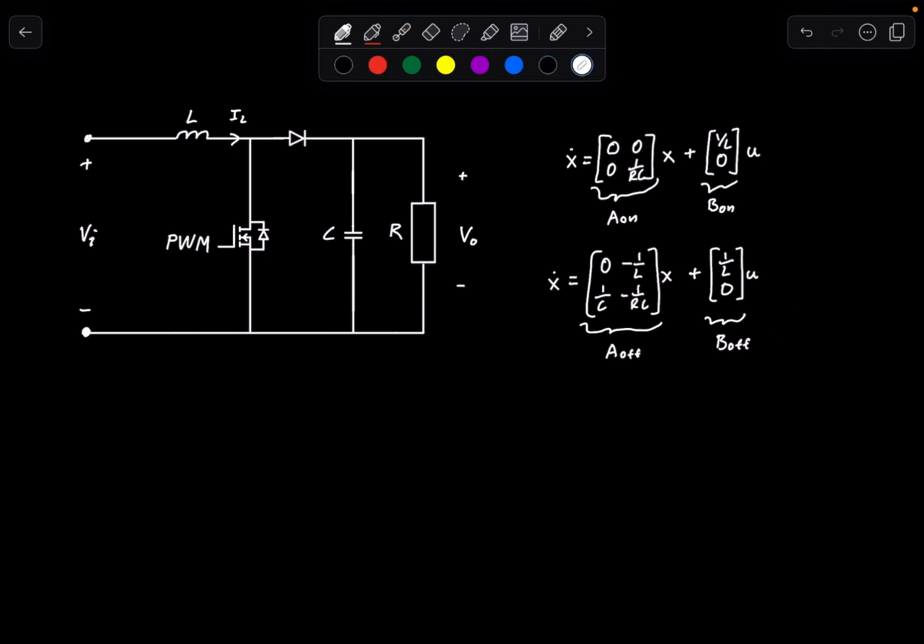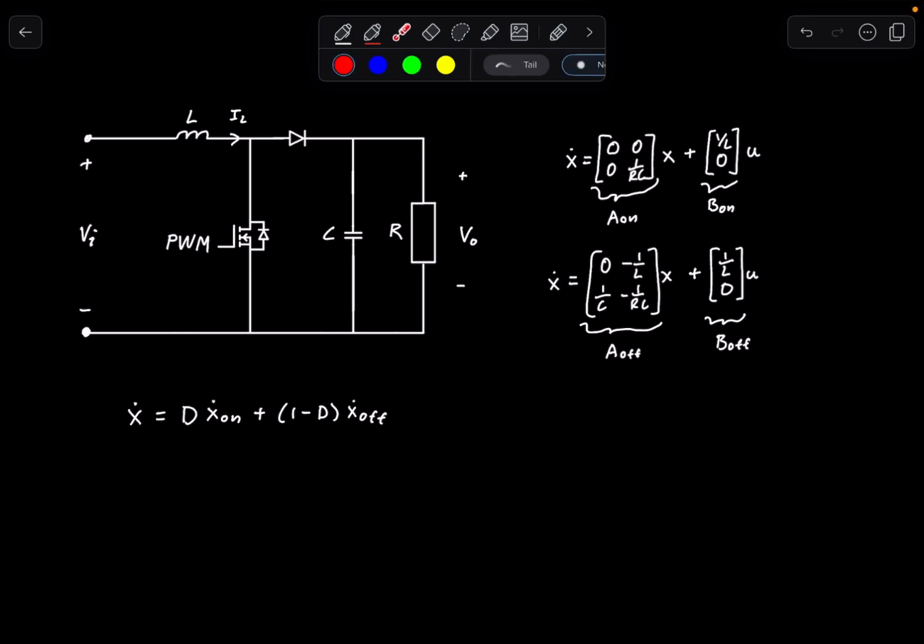So we have the real state space model is equal to D multiplied by the state space model when it's on, plus 1 minus D multiplied by the state space model when it's off.